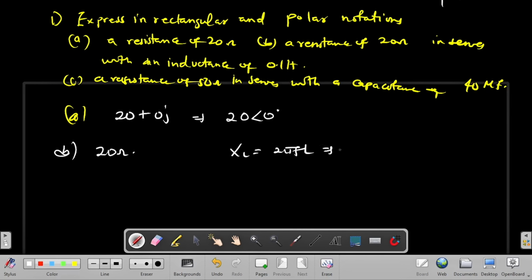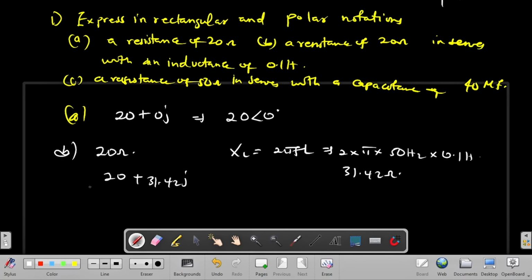This gives us 2 times pi times my frequency, given as 50 hertz, times my L, 0.1 henry. This gives me 31.42 ohms. Therefore, since that one is for an inductor, it's a positive imaginary part. So 20 plus j31.42.